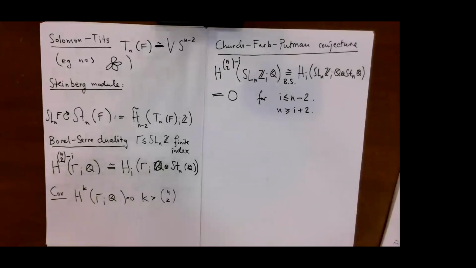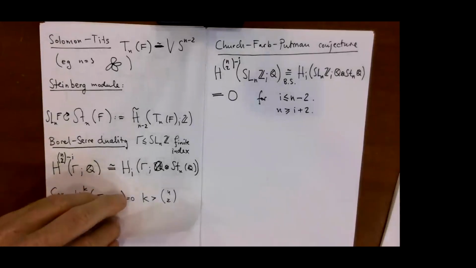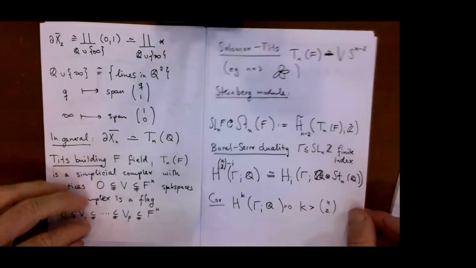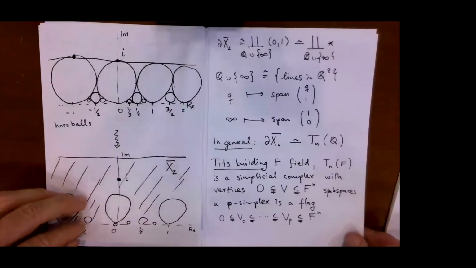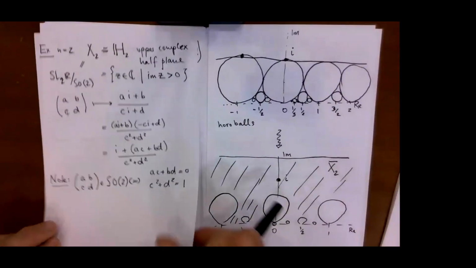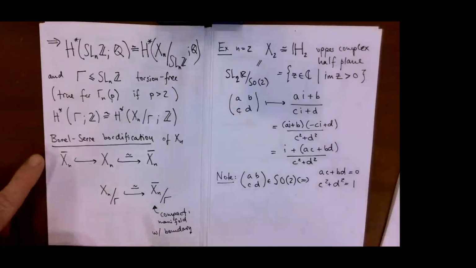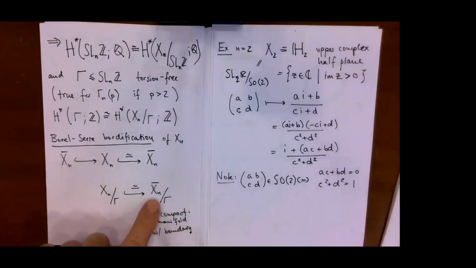What I have now left to say is maybe an idea of where this Borel-Serre duality comes from, saying something about Poincaré duality and using this Borel-Serre compactification, namely that this is a compact manifold with boundary.